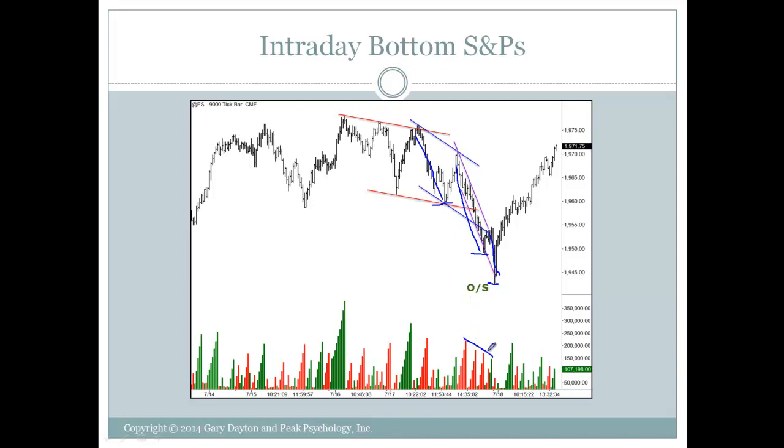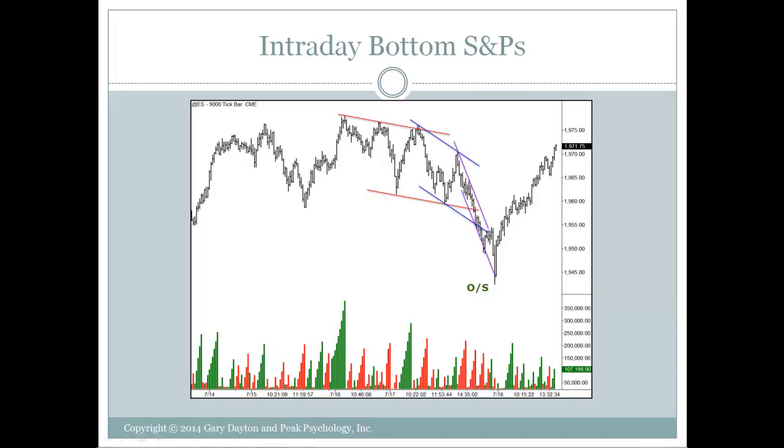You can see that the volume is getting less and less as the market is coming down and down, and it's not making as much of a thrust coming down. So this is selling, but it's not as forceful as it was. That's what shortening of the thrust to the downside indicates for us.